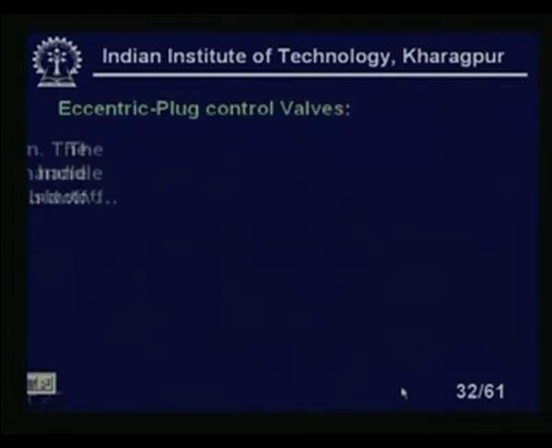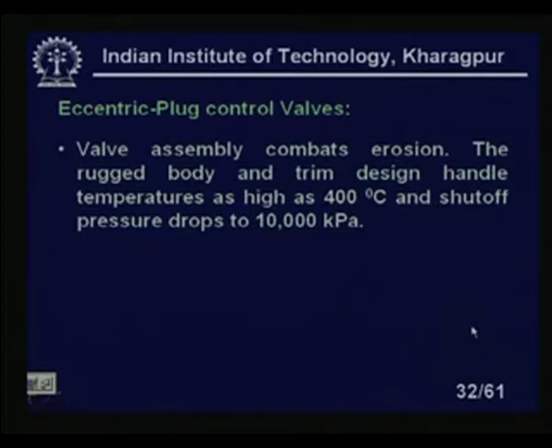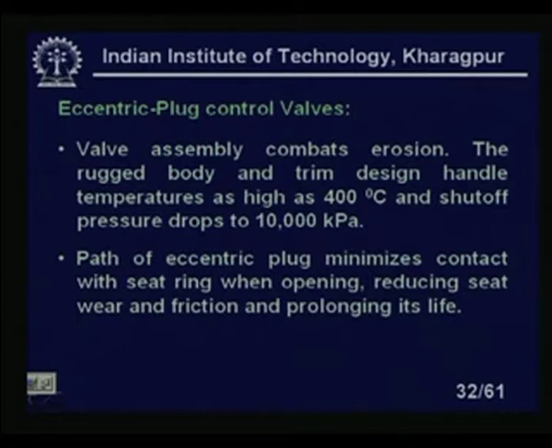eccentric plug control valve. The valve assembly combats erosion, and the rugged body and trim design handle temperatures as high as 400 degree centigrade, and shutoff pressure drops up to 10,000 kilopascals, extremely high pressures we can see here. The path of the eccentric plug minimizes contact with the seat ring when opening, reducing the seat wear and friction and prolonging its life.